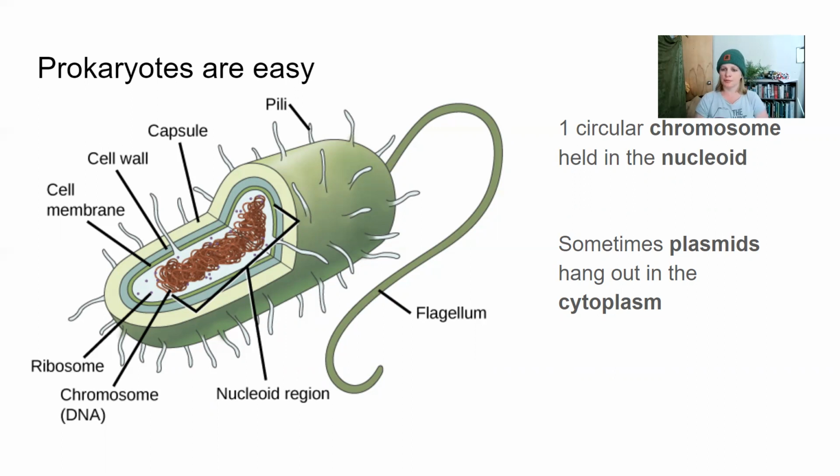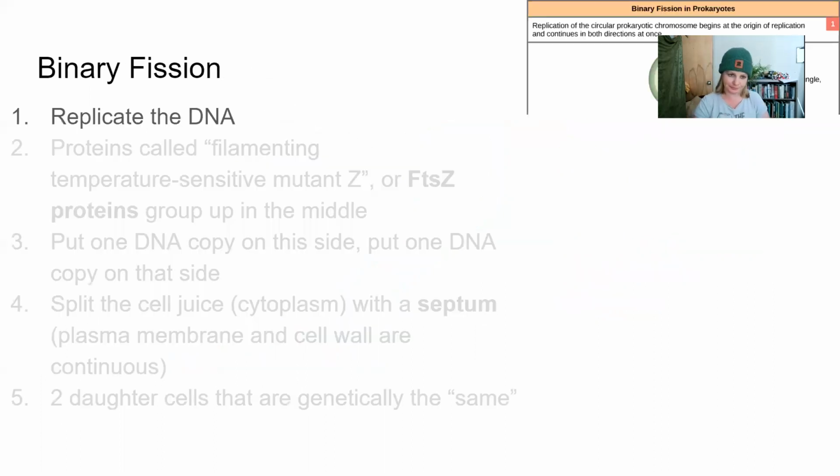And sometimes we see plasmids in the cytoplasm. If you remember from when we did our gene cloning, a plasmid is a circular bit of DNA that is separate from the actual chromosome, that's copied by itself. And so that's what a plasmid is.